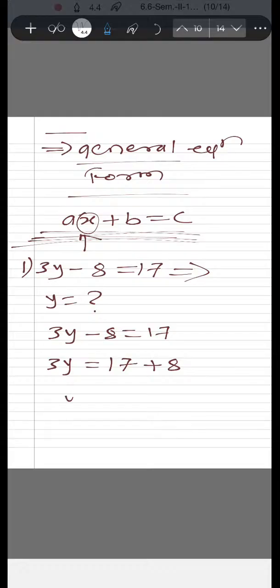Now simply 3y is equal to 17 plus 8, which is equal to what?